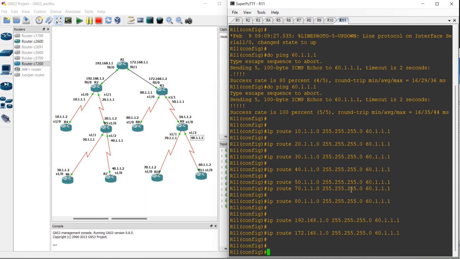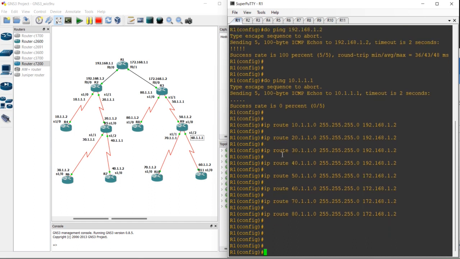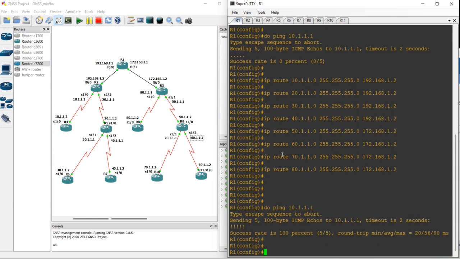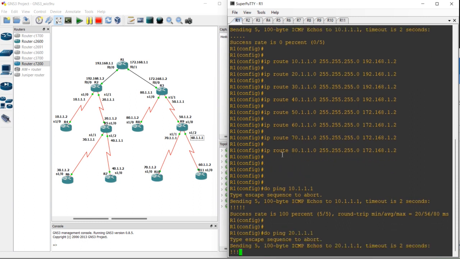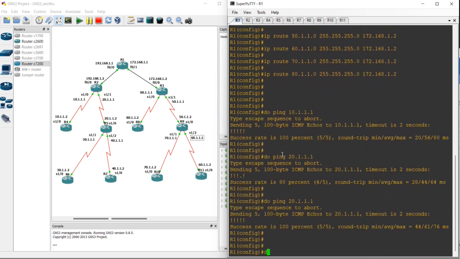So static routing is done on all routers. Now we will check verification from router 1 with all the different networks. First with the 10s network. Now the 20s network, it shows yes, done.